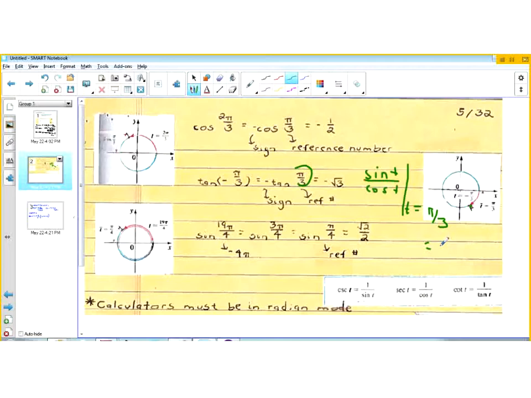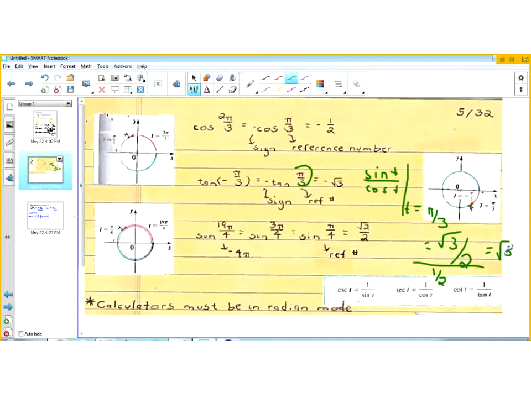Let's make sure that's correct. Yes, so we go to that previous table. The sine of pi over 3 was the square root of 3 over 2, and the cosine of pi over 3 was 1/2.